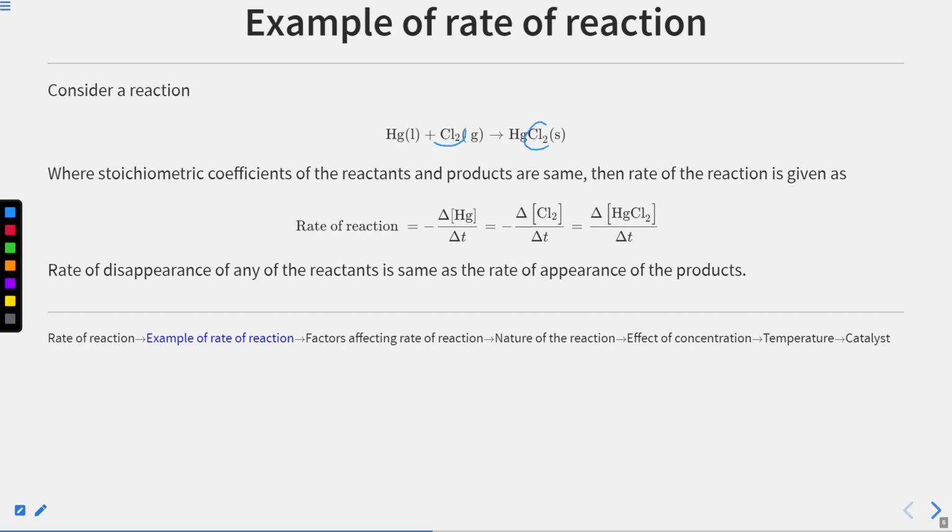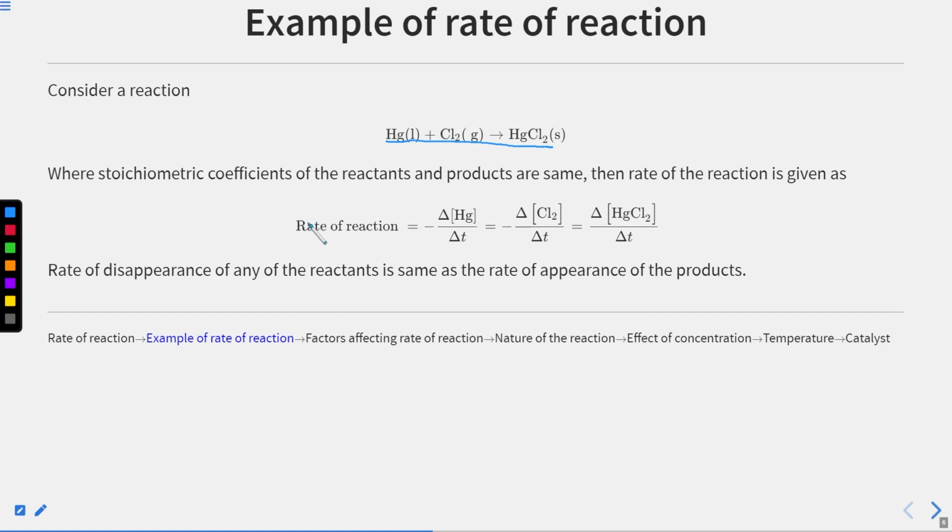It is balanced, and we do not have to multiply by any stoichiometric coefficient to make this equal. Is this clear? So we have this reaction in which liquid Hg goes to HgCl2 by reaction with chlorine gas. So all the stoichiometric coefficients of reactants and product are the same.